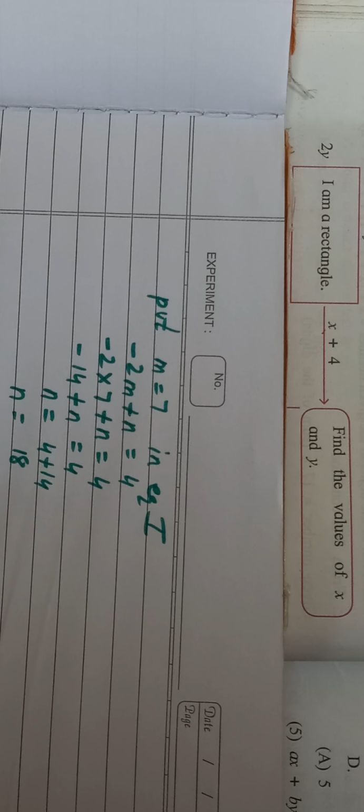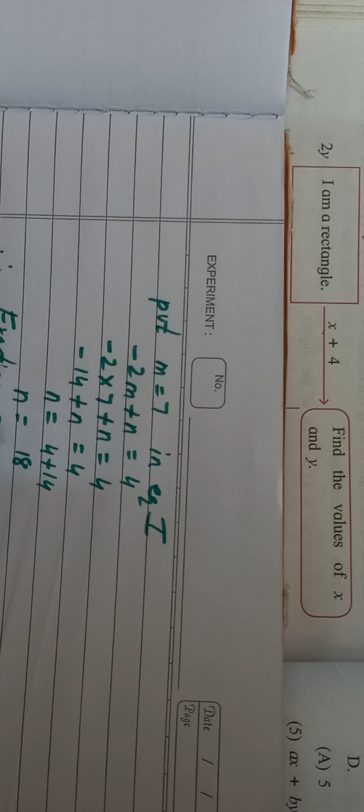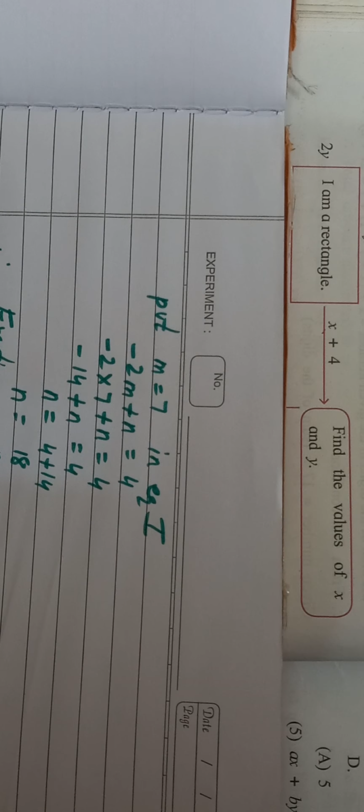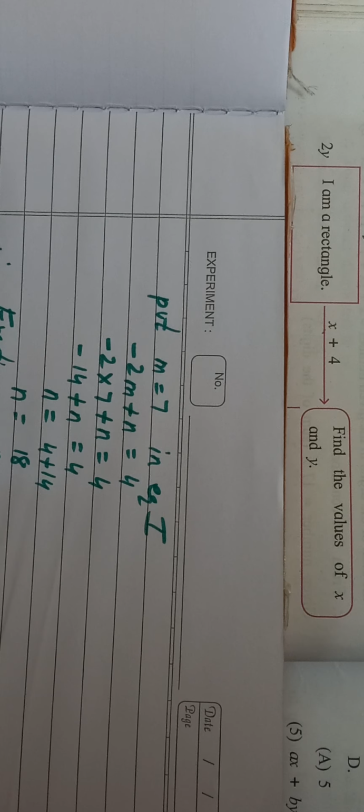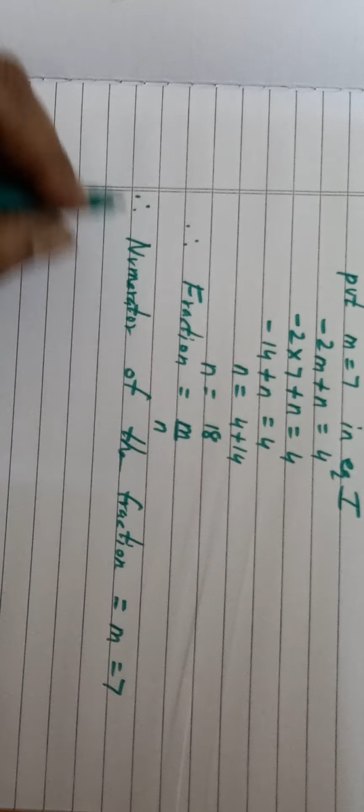So the fraction I told you, the fraction we want, is equal to m upon n. So we will write, therefore, numerator and denominator. That statement we didn't write, I'll just write here. Therefore, numerator of the fraction is equal to m, which is 7.